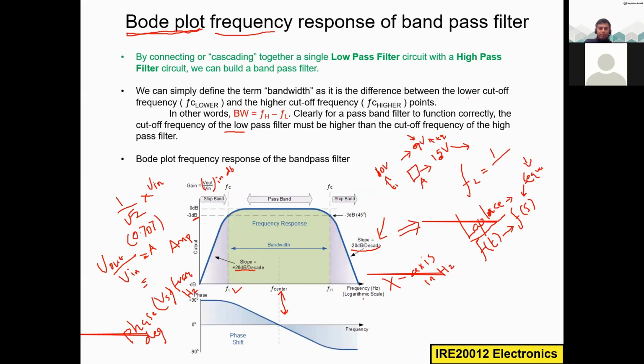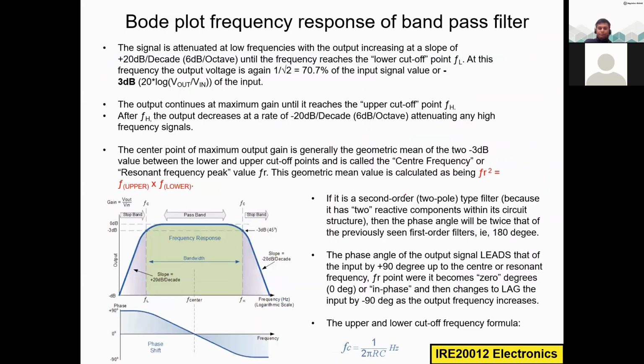Okay, so this is the frequency response of the band pass filter. The signal is attenuated at low frequencies, with the output increasing at a slope of plus 20 dB per decade until the frequency reaches the lower cutoff frequency point, that is FL.